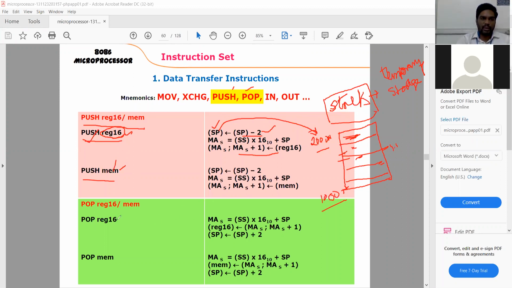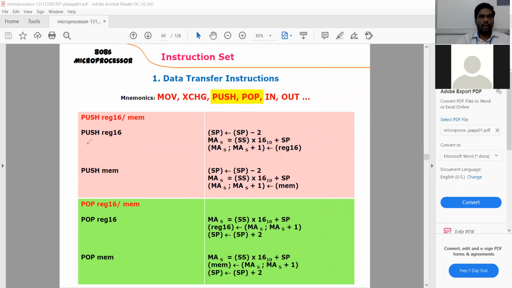The next instruction is pop. What is this pop? What does the push instruction do? This instruction pushes or inserts the data into the stack. Now, after inserting the data, we have to take it out whenever it is necessary.